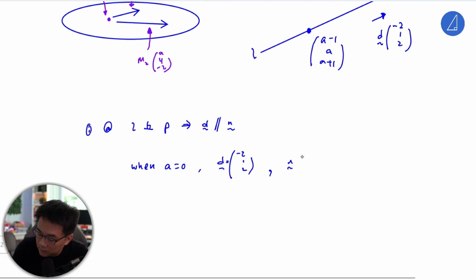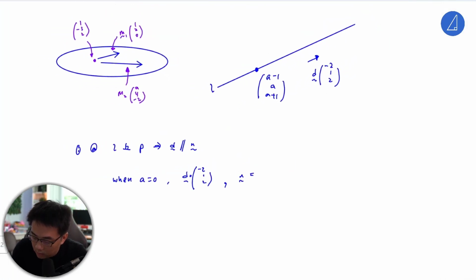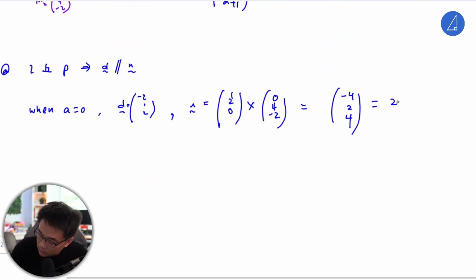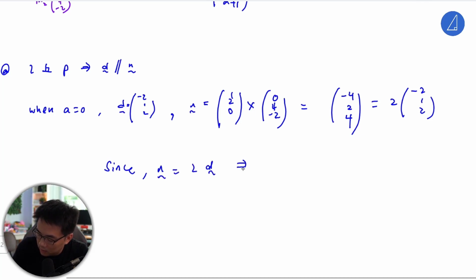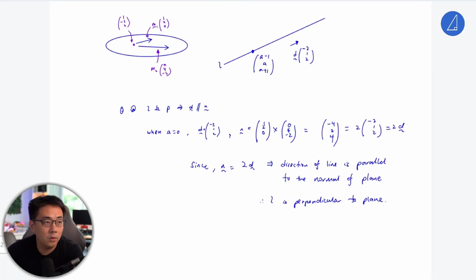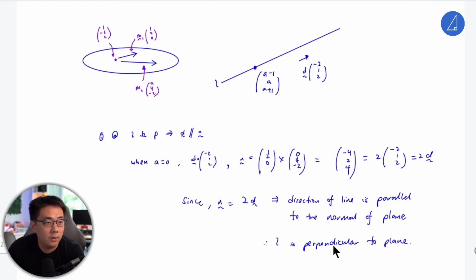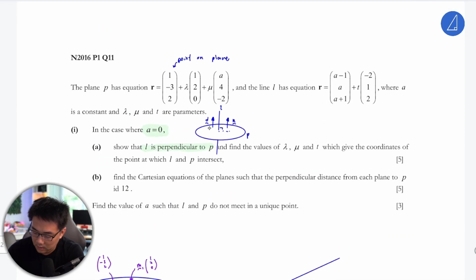The normal you get by crossing (1, 2, 0) with (0, 4, -2), so the normal will be (-4, 2, 4), which is (2)(-2, 1, 2). Since n equals twice of d, this shows the normal is parallel to the direction of the line. Then you can show that L is perpendicular to the plane.